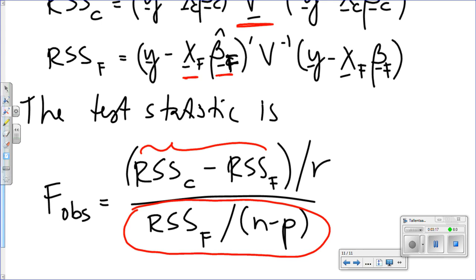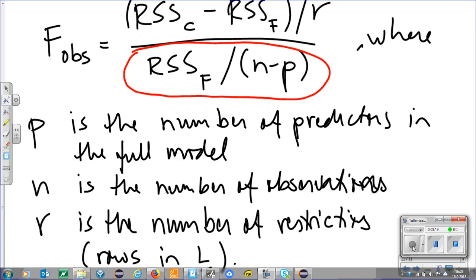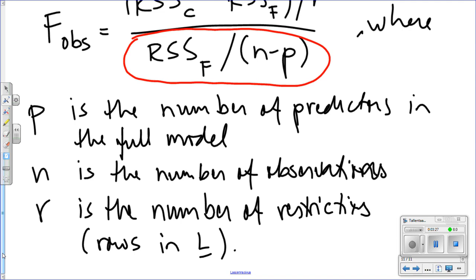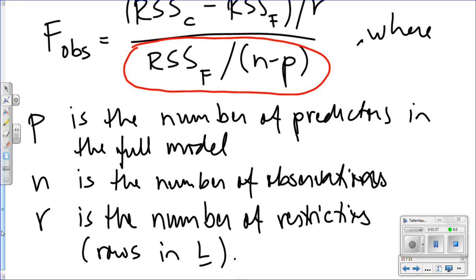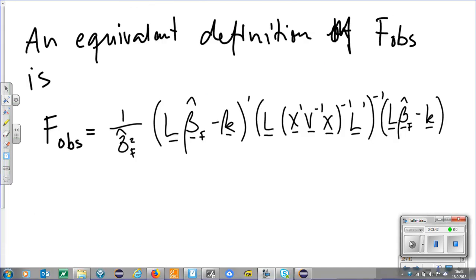And in this test statistic, p is the number of predictors in the full model, n is the number of observations in the whole data, and r is the number of restrictions, so how many rows we have in the L matrix, or how many restrictions may be made to the parameter vector beta of the full model to obtain the restricted model. So we can equivalently define the F-obs using this formula here.